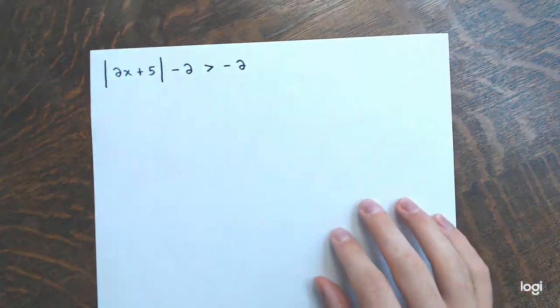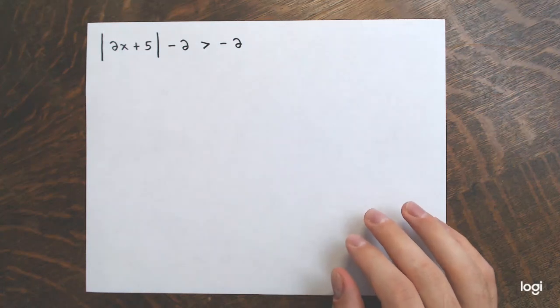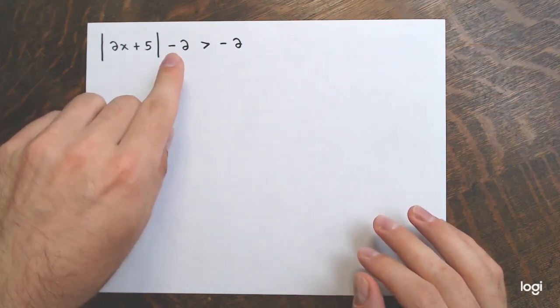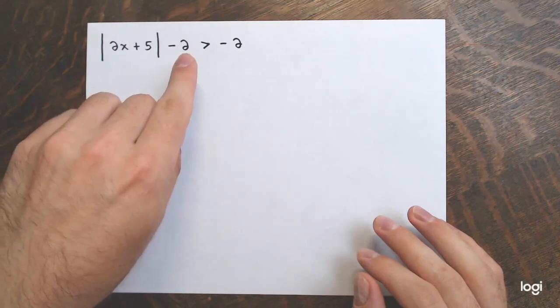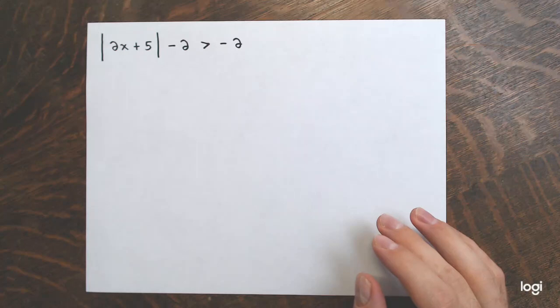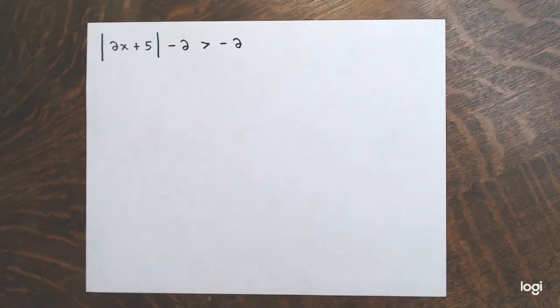So my next example, you have the absolute value of 2x plus 5, and then after that, minus 2, and that's all on the left side, is greater than minus 2 or negative 2. All right, so here's one where the absolute value is not isolated.